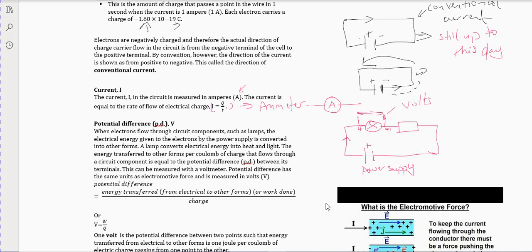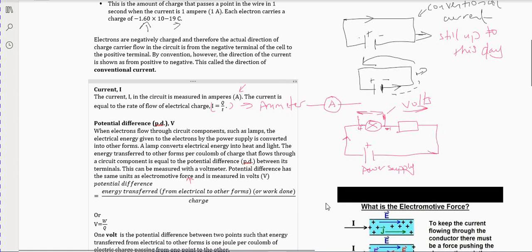So the unit here is going to be volts, and we also said that electromotive force and potential difference carry the same unit, but they're a little bit different, and we'll look at it right now. But let's just define what a volt.